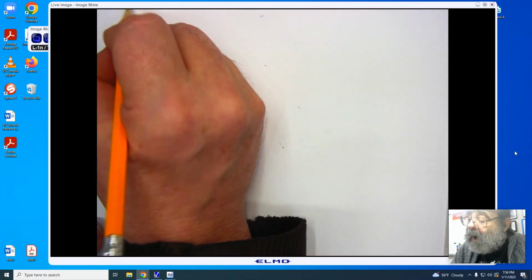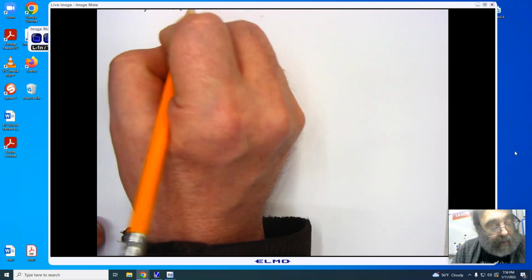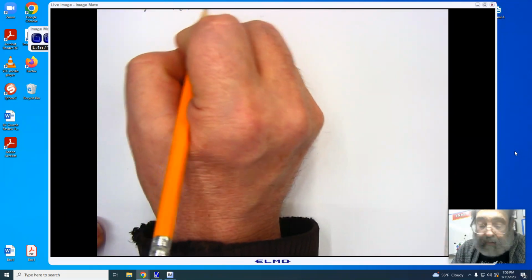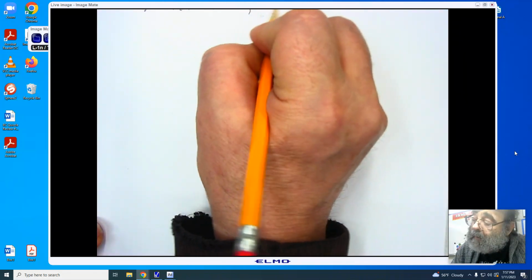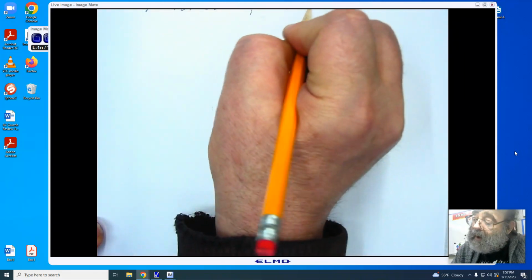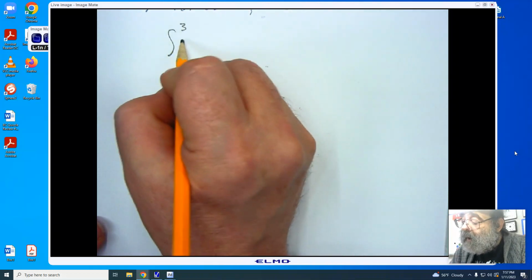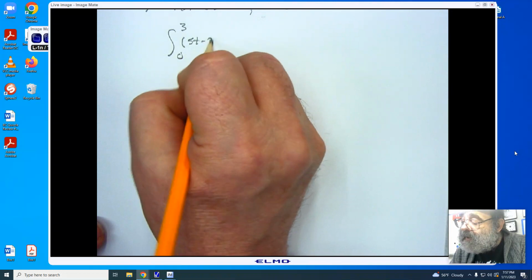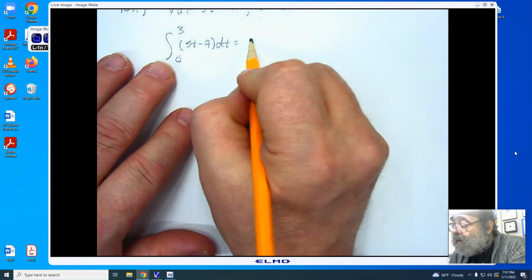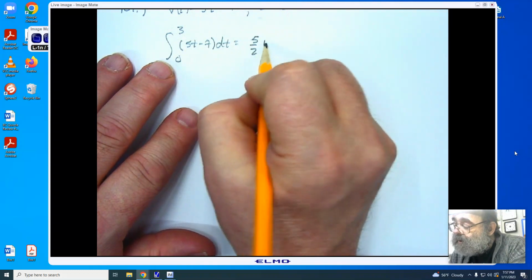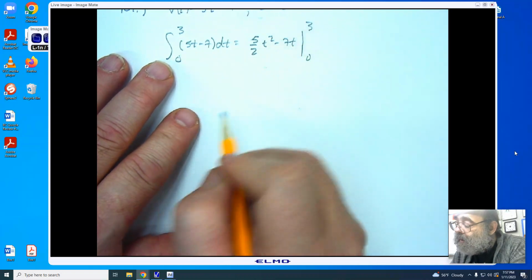And in number 101, we are given a velocity, v of t, and it is 5t minus 7, and the interval is 0 to 3. So the integration from 0 to 3 of 5t minus 7 dt. This is going to give me 5 halves t squared minus 7t from 0 to 3.